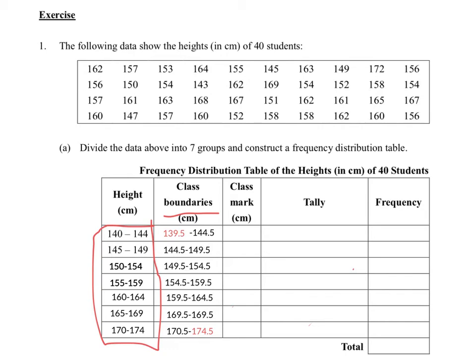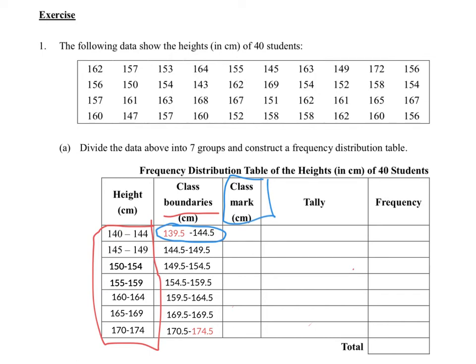And then we go to the class mark. What is a class mark? Actually, we want to find a number to represent the whole group. Why? Because for one group, there are actually a lot of numbers. So for further analysis, if we want to find a representative for them, how will we choose it? We will use the number at the middle of the group.